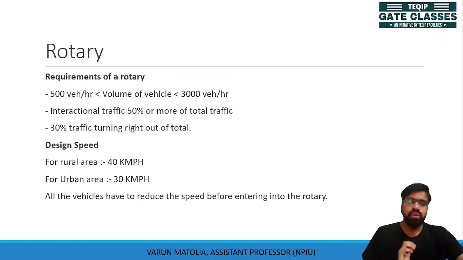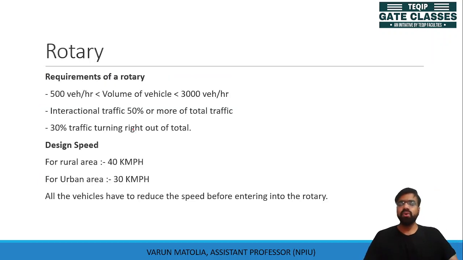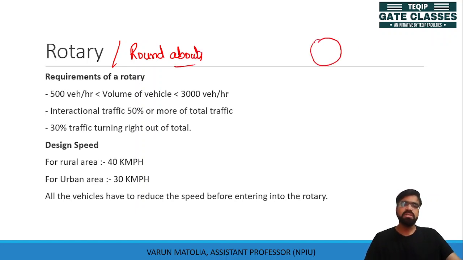Now let us talk about rotaries. What are rotaries? Rotaries are also known as roundabouts. The circles which you see in your city, where a number of roads are meeting and vehicles are moving in a circle in order to reach their desired traffic direction.